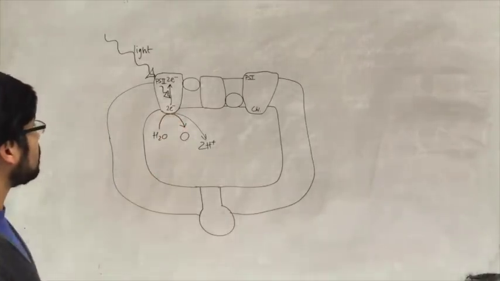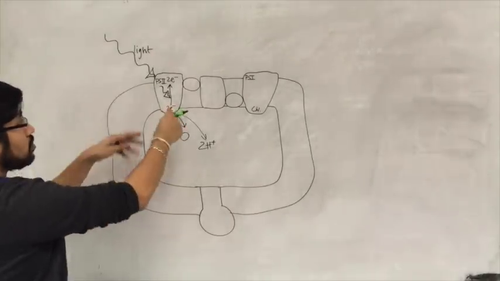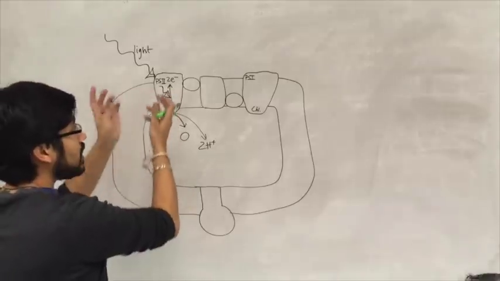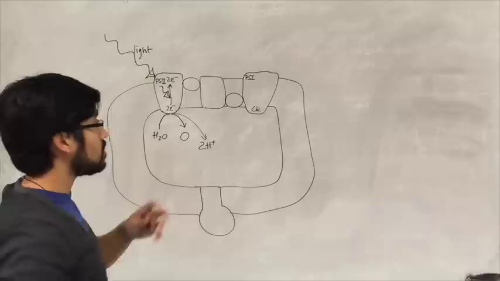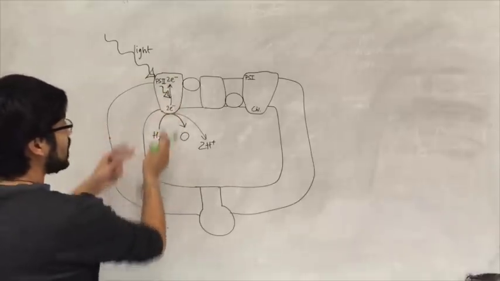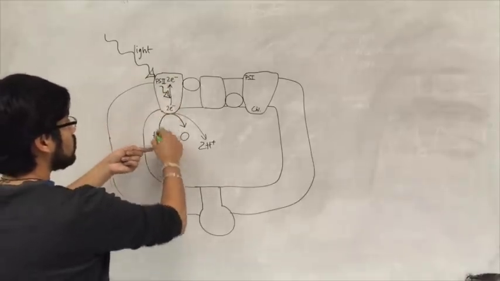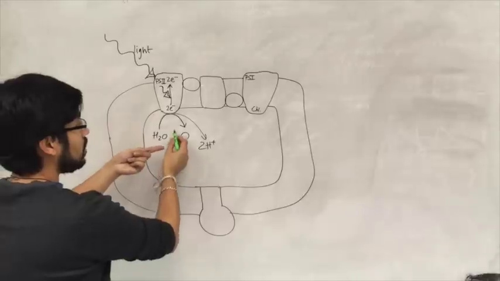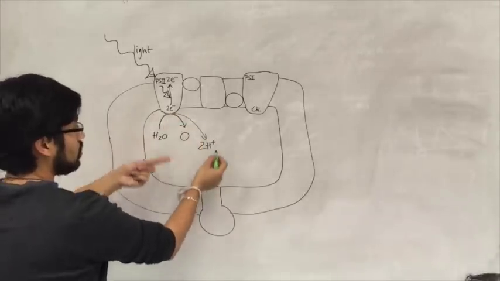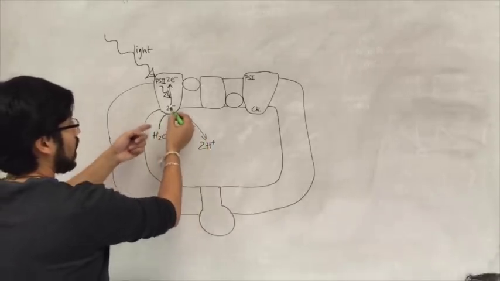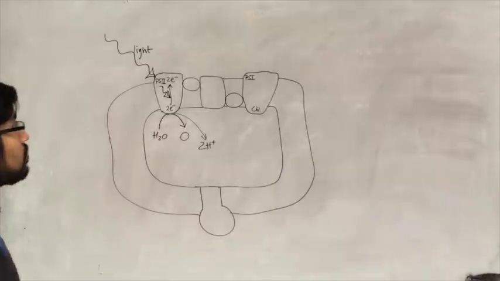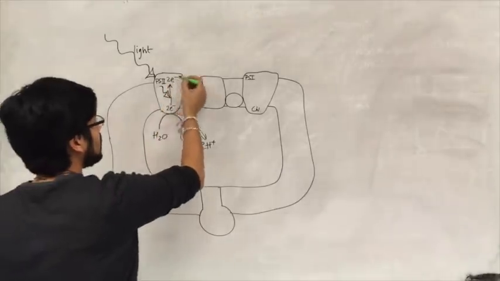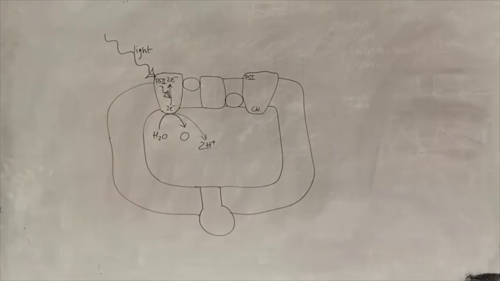I hope this is making sense. So light caused chlorophyll to lose 2 electrons, which got raised to a high energy state. And to replace those electrons in the chlorophyll, water was split into oxygen and protons, and those 2 electrons were replaced in the chlorophyll. Okay, so what happens to these electrons that were excited into a high energy state?